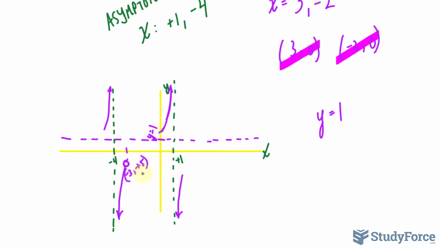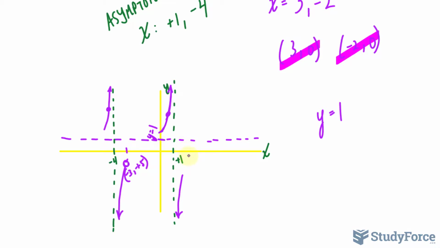If I select a point like negative 5 and place it into the function, I'll get positive 4. So negative 5 and 4 is up here. If I place half into the function, you should end up with around 2.7. So half and 2.7 is right there. Substituting 2 into the function gives us negative 0.6 repeating. So that's 2.